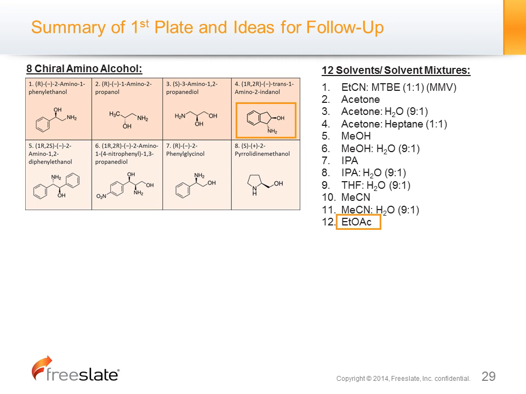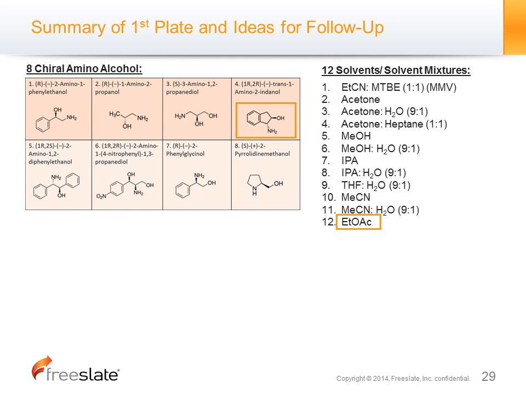As you can see here, of all the chiral amino alcohols we picked, the one that was initially the hit was the amino indinol, a very moderate hit in ethyl acetate, better than their initial screening, but still very modest.